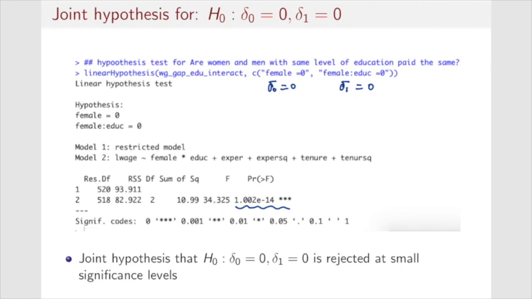The p-value for the joint hypothesis is very small, so we can reject the null hypothesis that delta 0 equals 0 and delta 1 equals 0 at very small significance levels. This hypothesis test shows that females do not have the same level of wage as males, even though they have the same level of education and all other variables are controlled for.